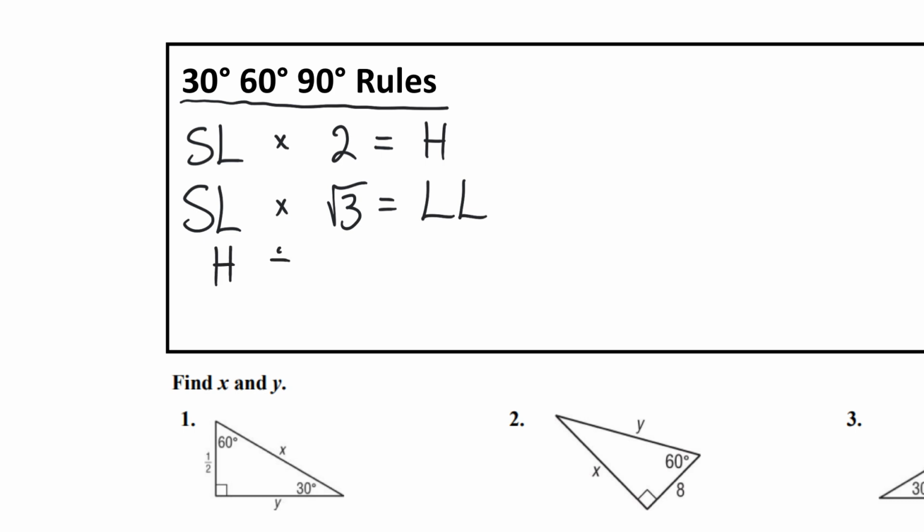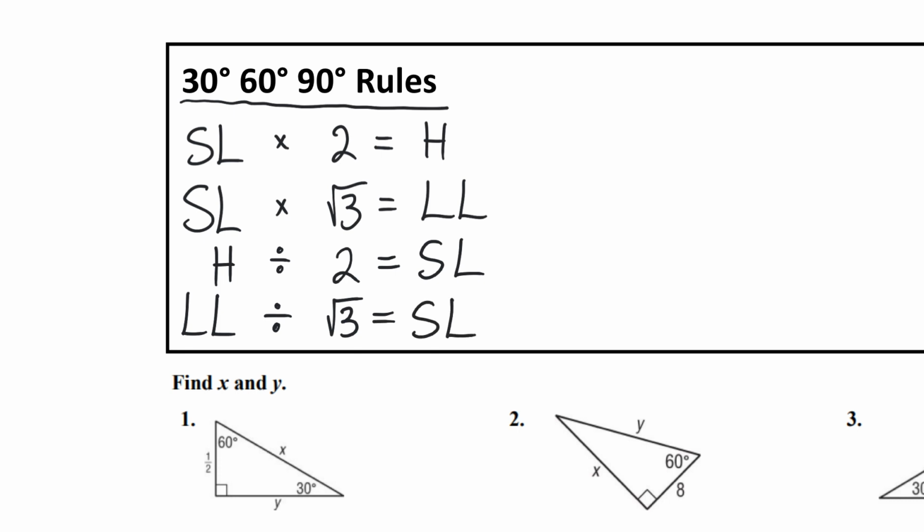The hypotenuse divided by 2 tells you the length of the short leg. And then the long leg divided by the square root of 3 tells you how long the short leg is.